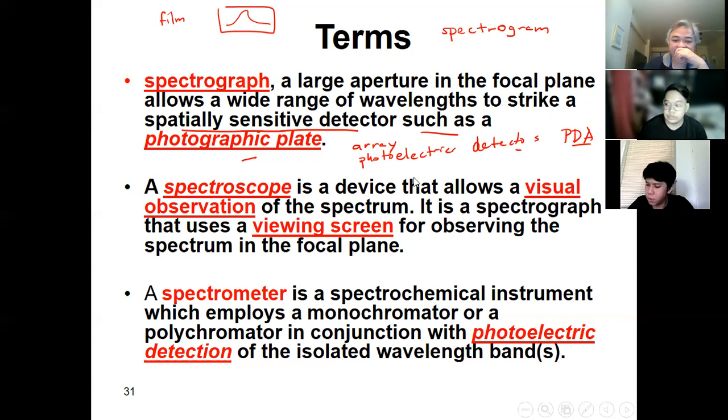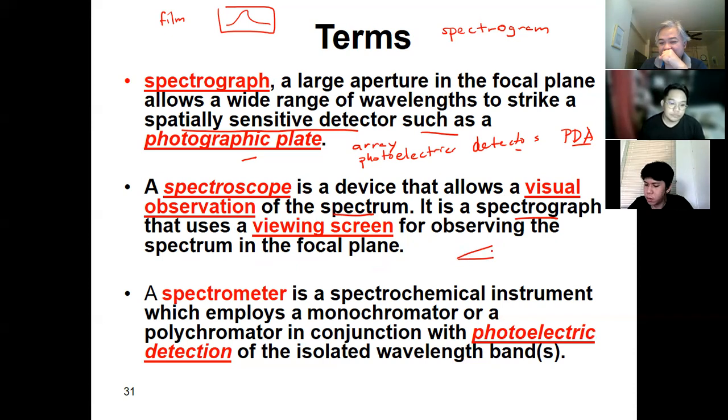It is a device that allows visual observation of the spectrum. It is a spectrograph that uses a viewing screen for observing the spectrum in a focal plane. Where did you use this? I'm not sure if we use this in Gen Chem.